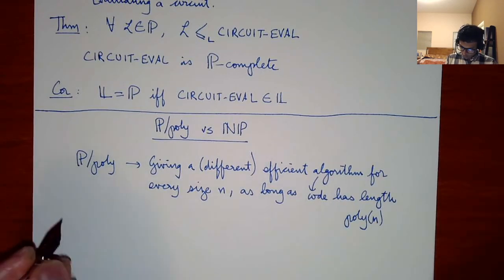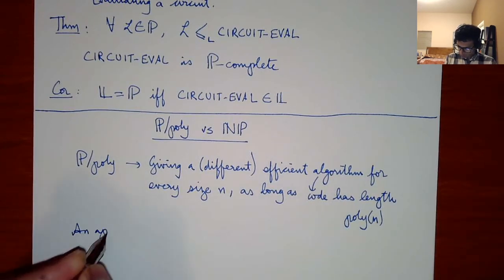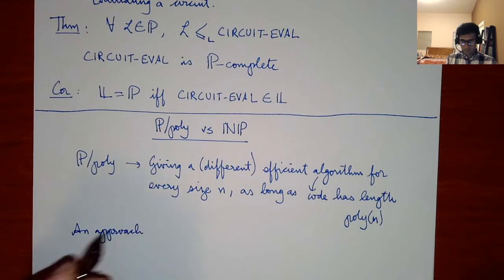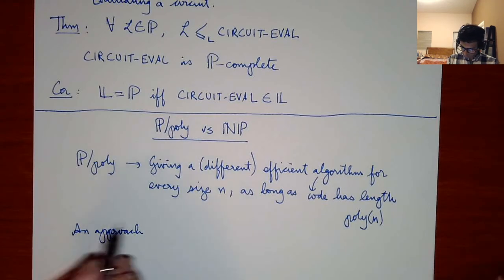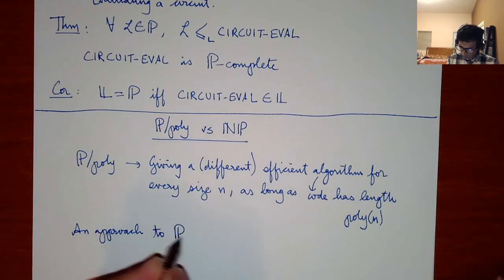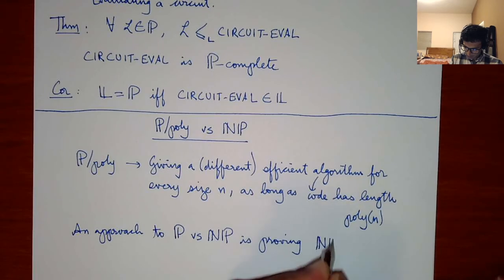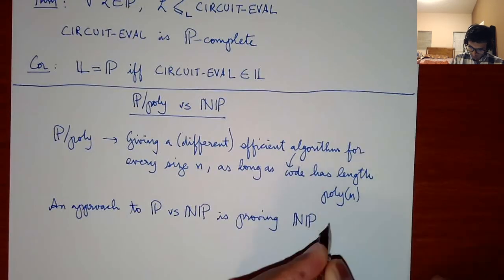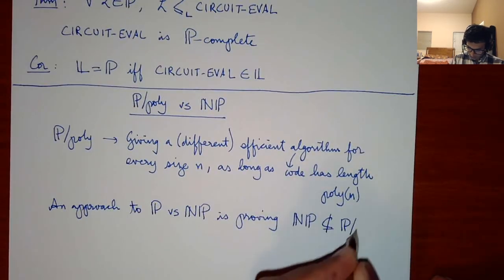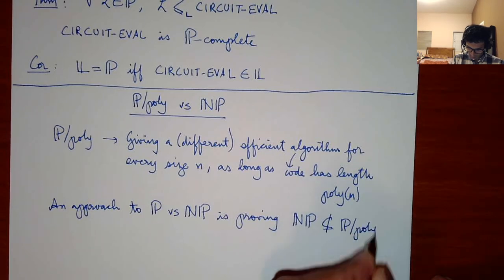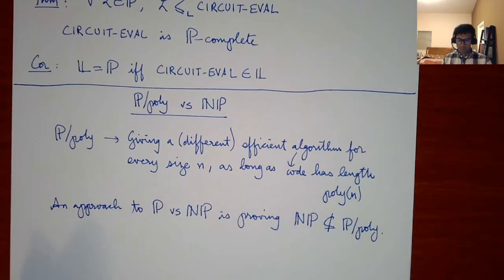An approach to P versus NP, and this was considered very promising for decades, and I'll actually show you at some point how it seems like we're very close to P versus NP, is proving, and actually sometimes it helps to prove something harder, let's try to prove that NP is not in P/poly.